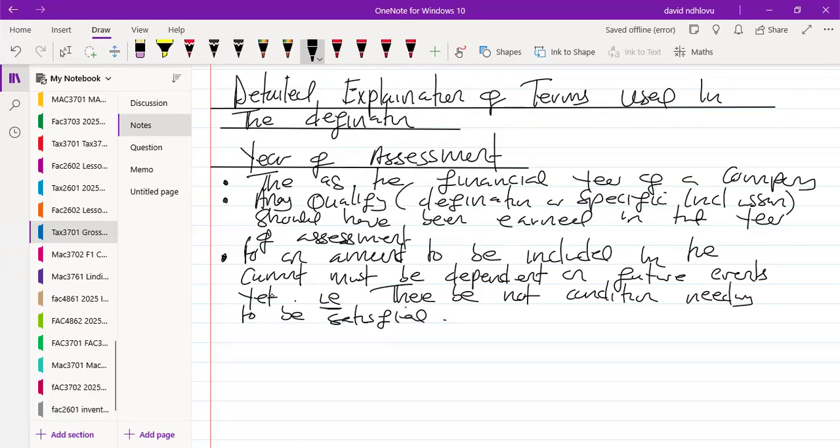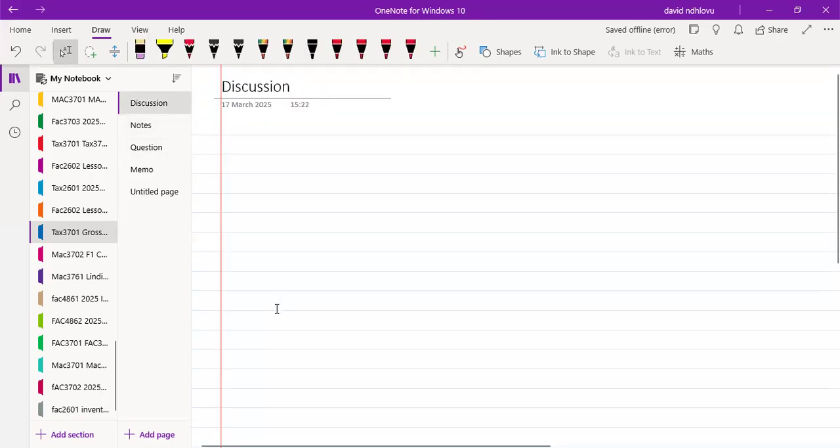For example, let's say I do work for someone. Let's say I contract with a student to say, I'm going to teach you a module. My fee is 3,000. And we do it at the beginning of the year.